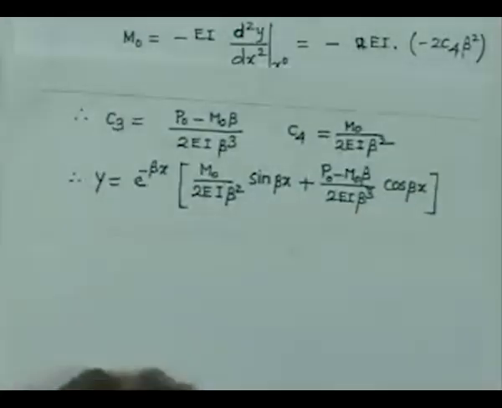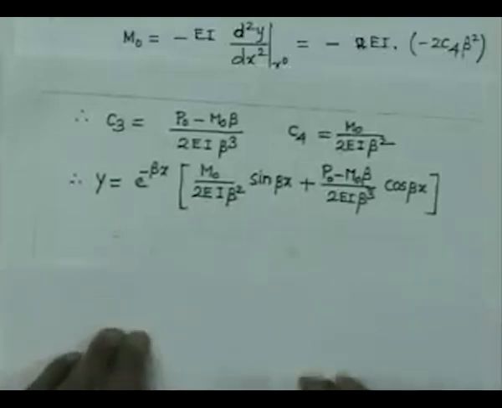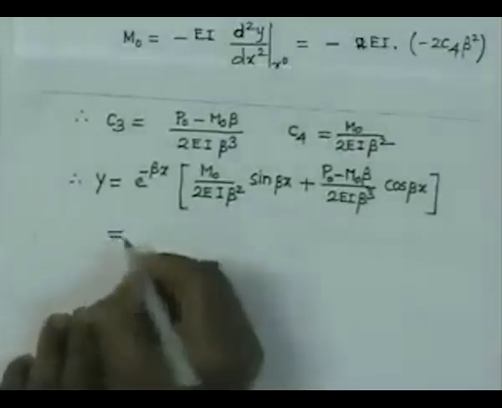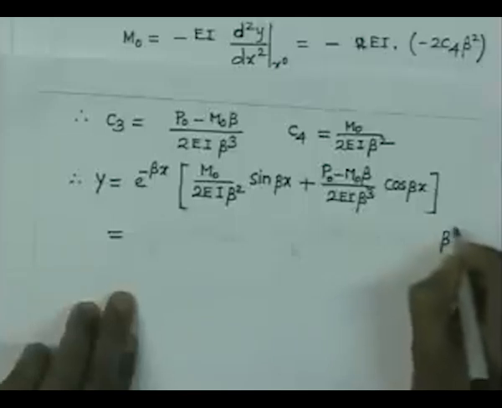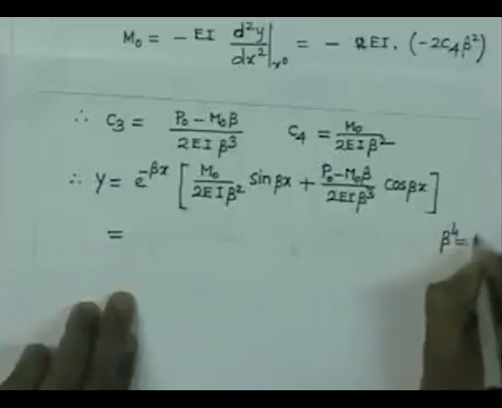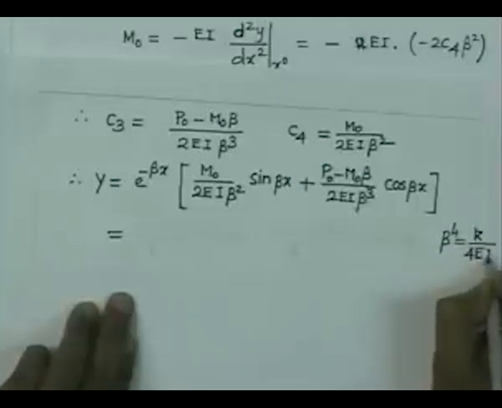and we can recombine these and write the value in terms of k, because beta to the power 4 is nothing but k by 4 EI.